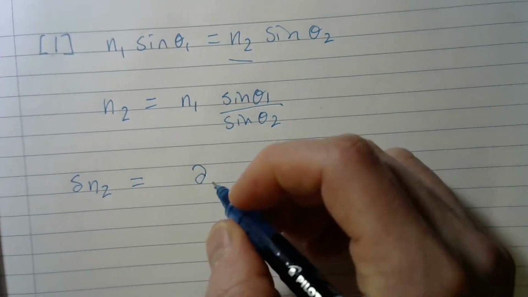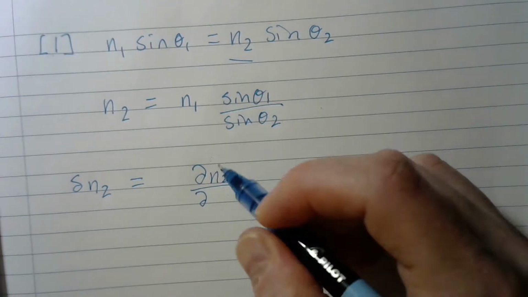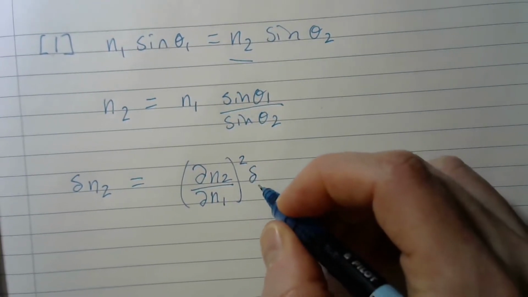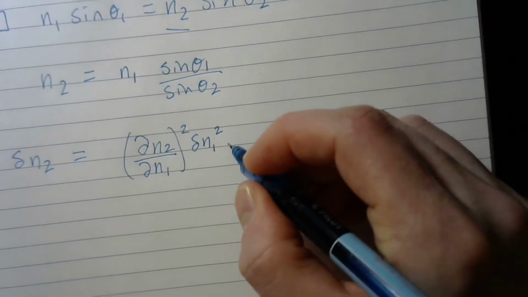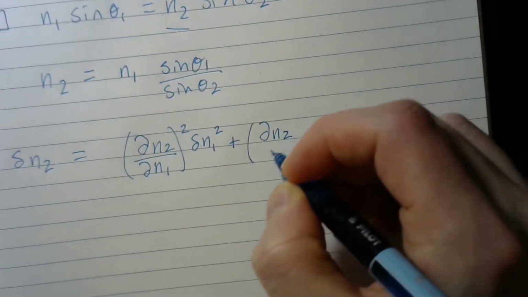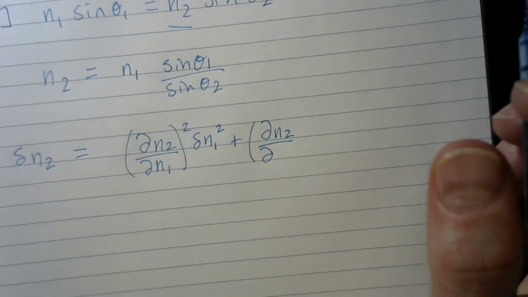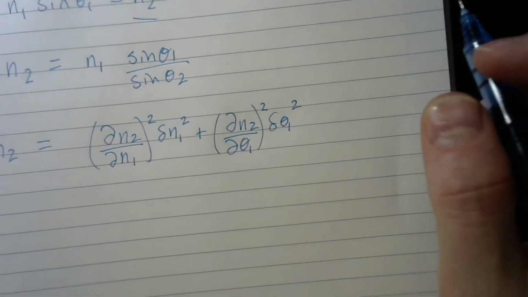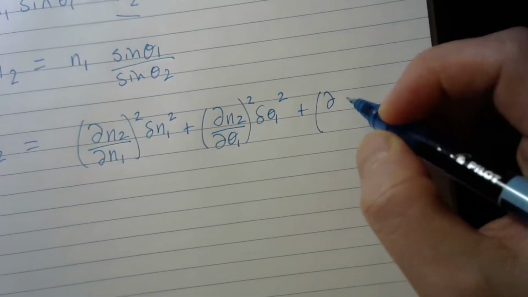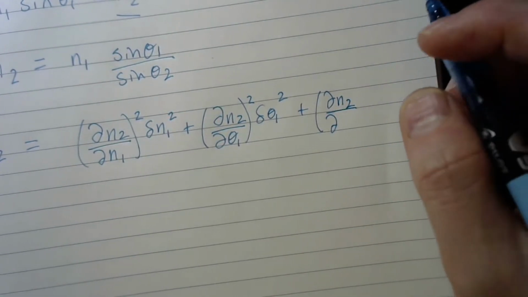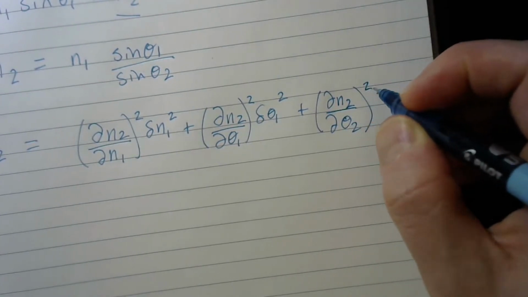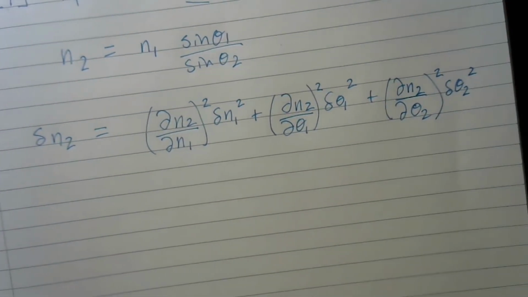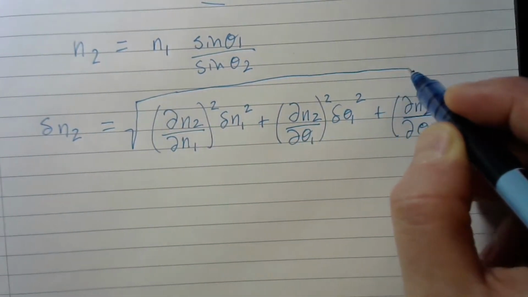So I'll have partial derivative of N2 with respect to the first variable, so that's N1, that's all squared, and then that's times the uncertainty of N1 squared, plus partial derivative of N2 with respect to the next variable, so that is theta 1 squared times uncertainty of theta 1 squared, plus the partial derivative of N2 with respect to the third variable, so that is theta 2 squared times uncertainty of theta 2 squared, and then that whole thing is square rooted.